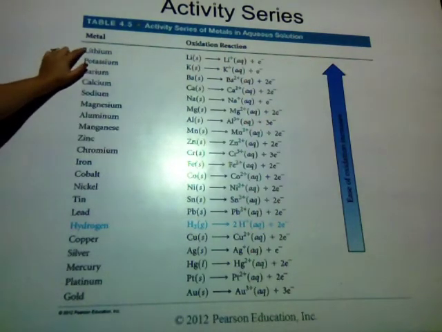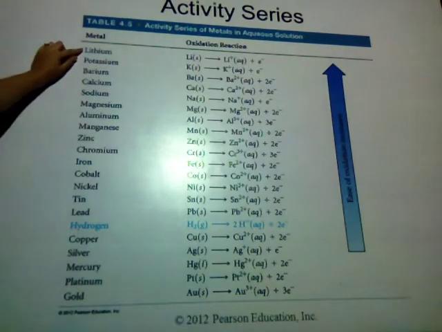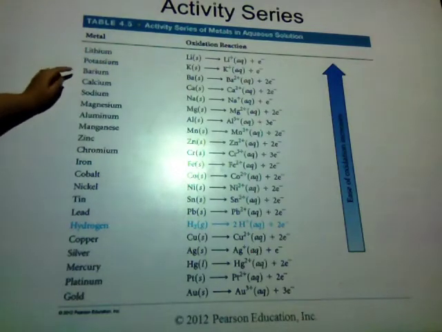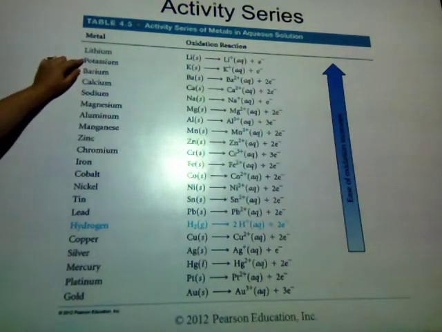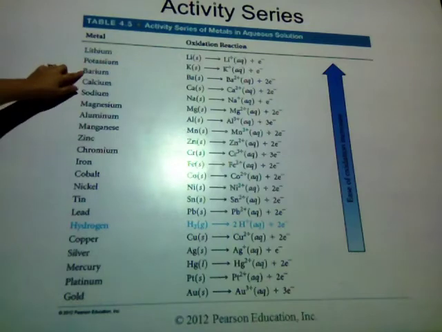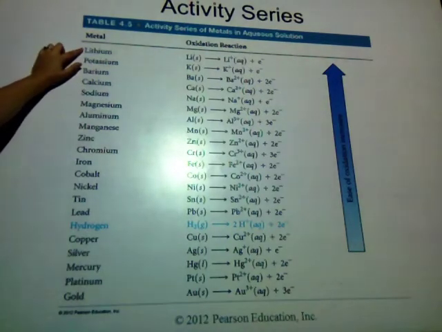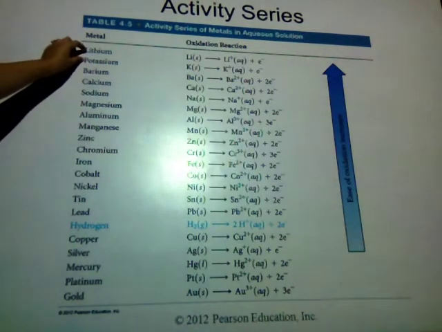But because lithium is above potassium, potassium could never take the place of lithium in a single displacement reaction or in a displacement reaction. Barium could take the place of calcium or sodium or magnesium, but barium could never take the place of potassium. Barium could never take the place of lithium because these are stronger metals.